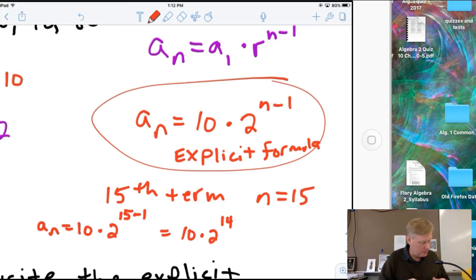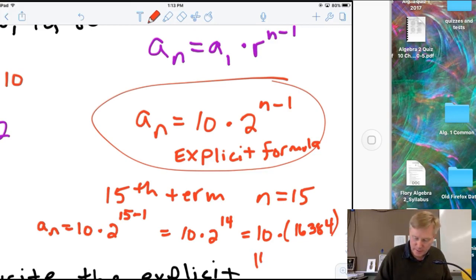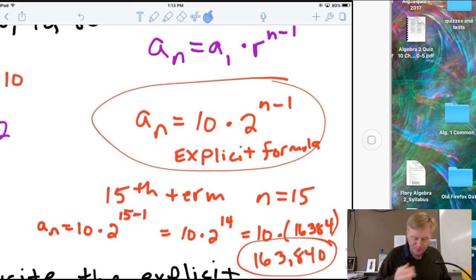If I type 2 to the 14th power into my calculator, I get 16,384. Which means if I multiply that times 10, I get 163,840. And that would be the 15th term.